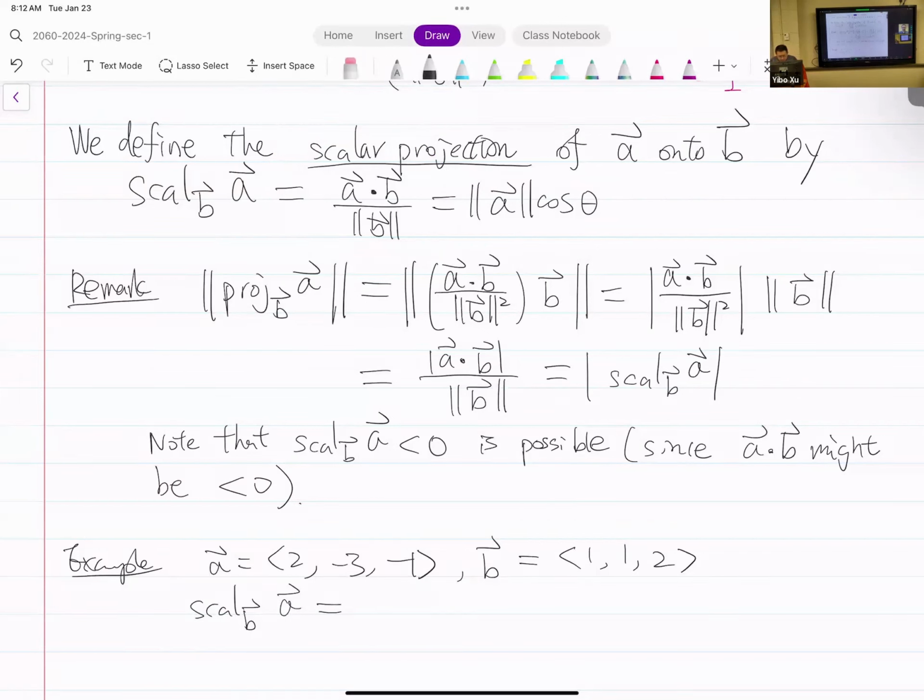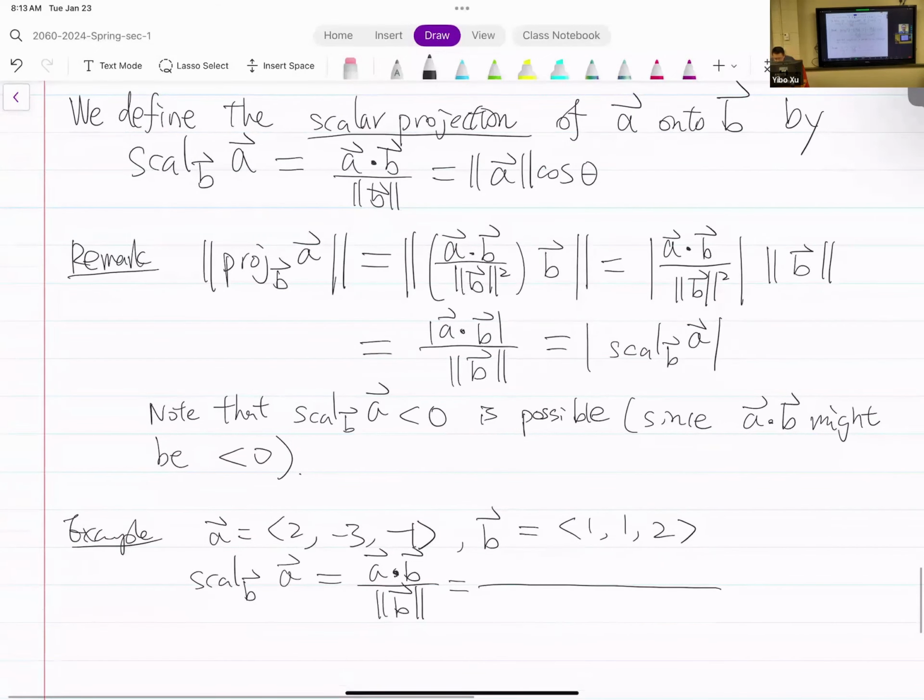So the dot product over the magnitude of B. For the dot product, we just multiply the components: the first component is 2 times 1, plus the second component, -3 times 1, plus the third component, -1 times 2, and then we add up.